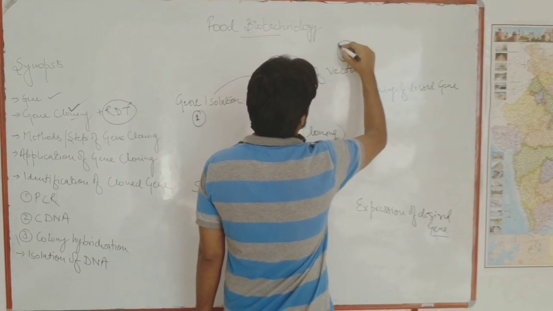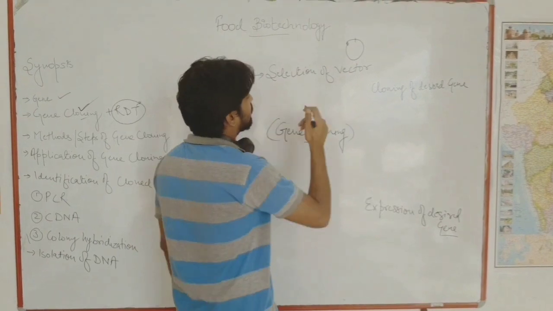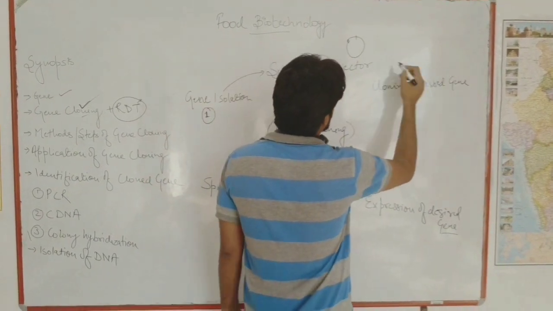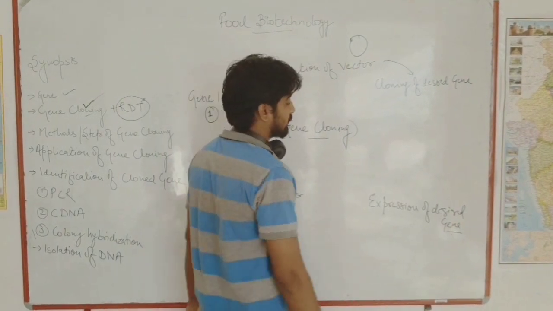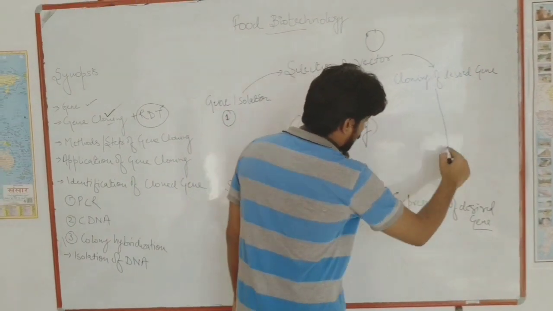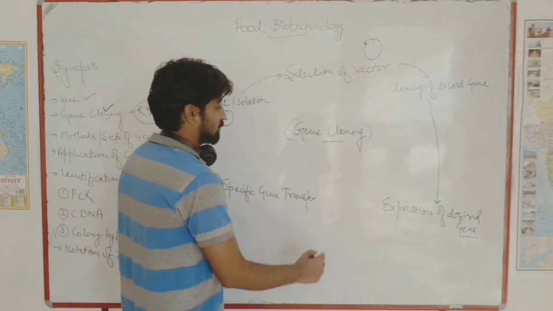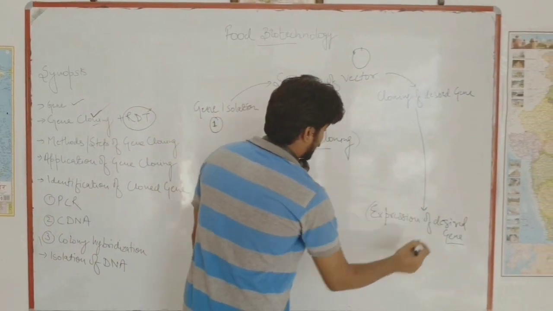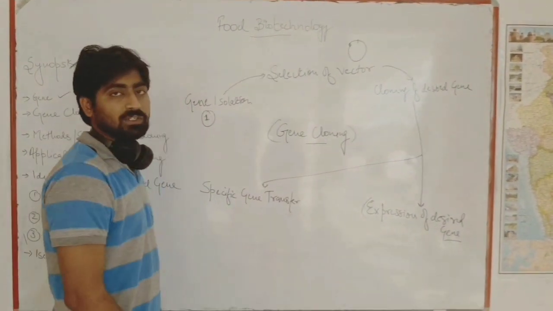Plasmid is a vector. So this is extremely important. We will talk about the importance of vectors and how these vectors will be selected. Then after that, the cloning of the desired gene will be taken up. Finally, after the cloning, we will go with the expression of the desired genes. This is our final step, and before this step, we will be taking up the specific gene transfer.